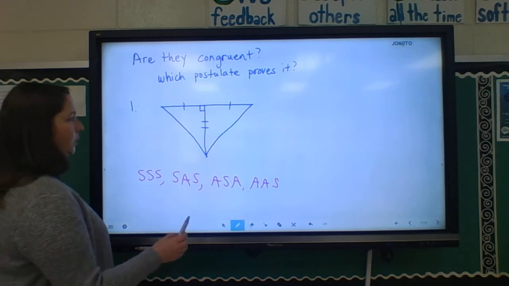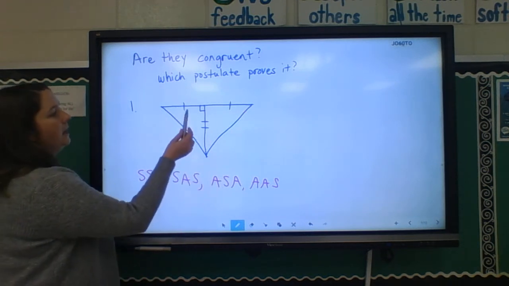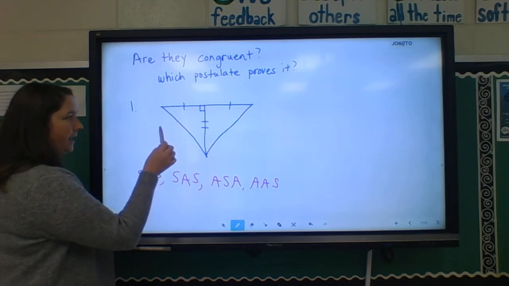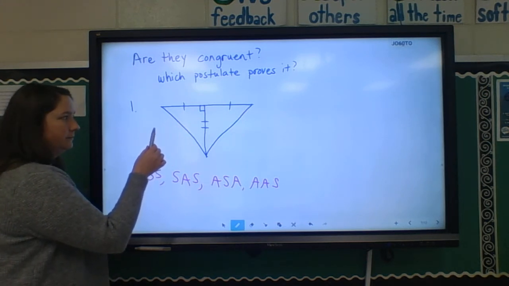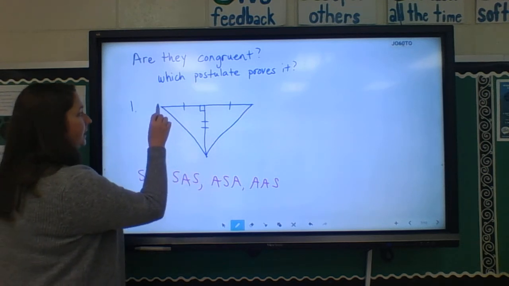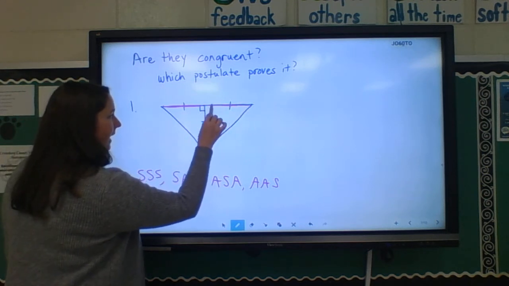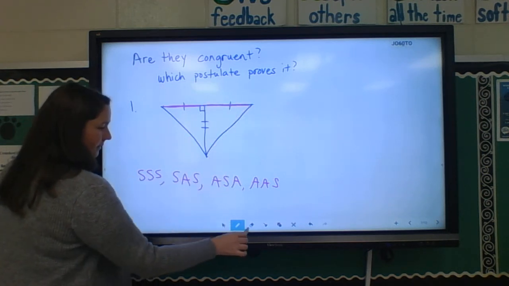I know that the little markings show me that those sides are congruent. So this side and this side are congruent.